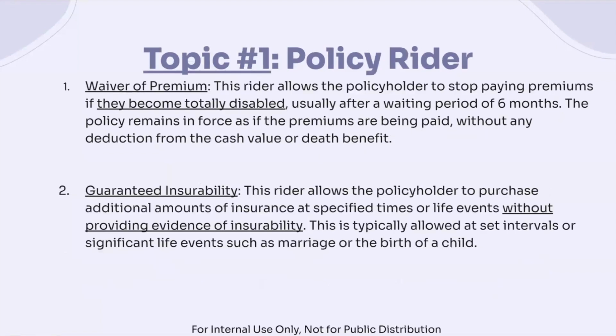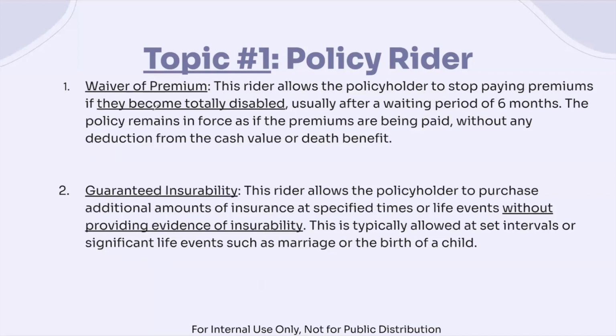So when we take a look at some of these riders, the first one we want to look at is our waiver of premium rider. This allows the policyholder to stop paying premiums if they become totally disabled. The purpose of this rider is to provide the opportunity to still be covered even if they're unable to pay premiums.